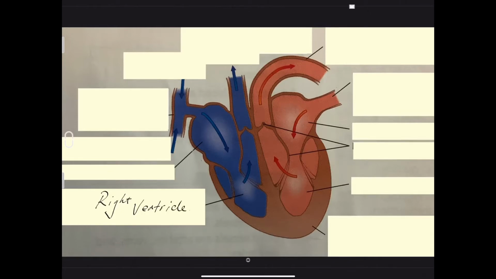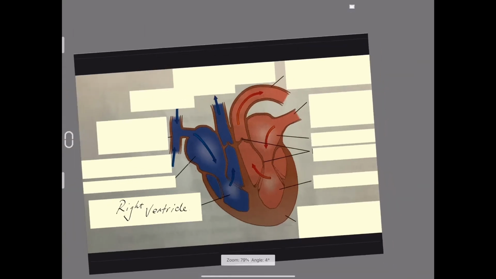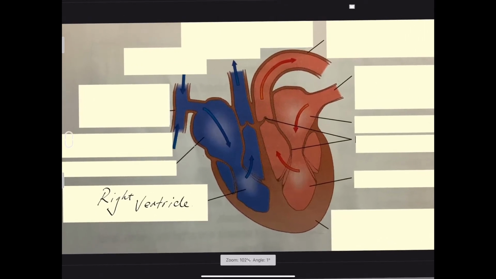You can see it's separated from the uppermost chamber. The upper chamber on top of the right ventricle is known as the right atrium.